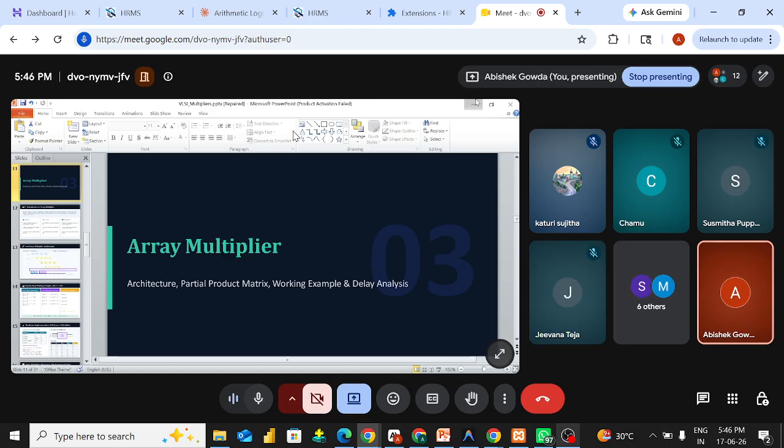This is why the array multiplier is called a simple architecture, and this is the main reason why it's called an array multiplier. Why is it called an array multiplier? If you are learning some programming language, you know how arrays are done, right?